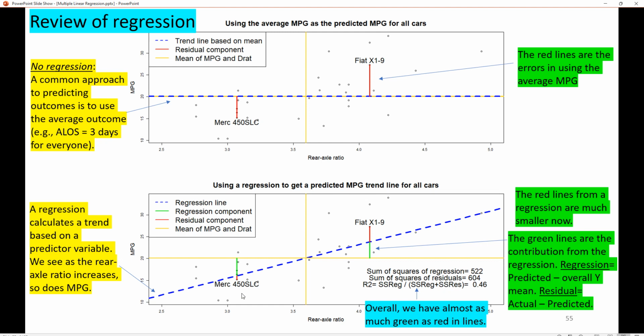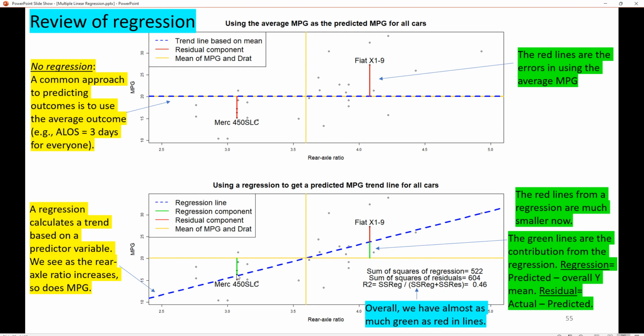So we see on the lower end, cars with the lower rear axle ratio, such as the Mercury 450, have a lower miles per gallon value than something like the Fiat X1, which has a higher rear axle ratio and also a higher miles per gallon. So we see that same distance between the actual value for the two cars, their actual MPG, and then we see a portion of the red line in the above graph.